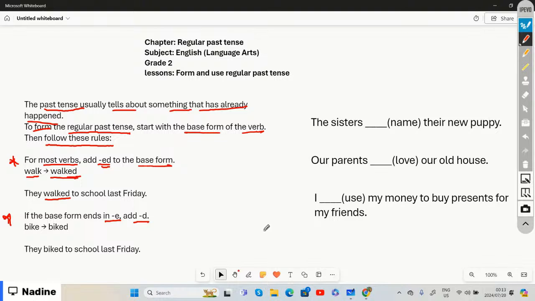Bike is our base form, and we don't add an ed because here we have bike. All we do is add a d to that verb, and that shows how it has changed from the regular verb to a regular past tense verb.